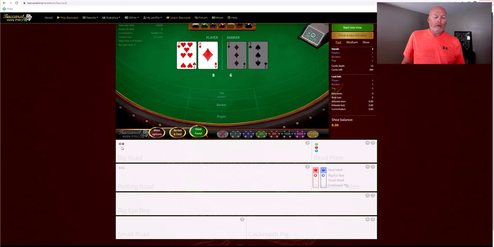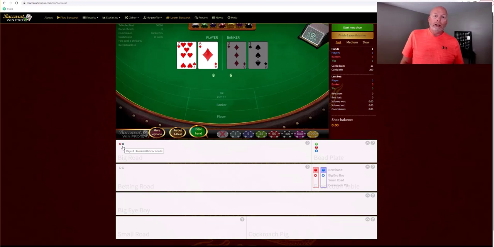So that way we know if it comes up to be a player, we're going to expect this to be a blue result, and that's because it's going to be chaos. Anytime two things don't match, if we're going back one step for the big-eyed boy road, we're going back 2 steps for the small road, we're going back 3 steps for the cockroach pig road, but they all work the exact same way.